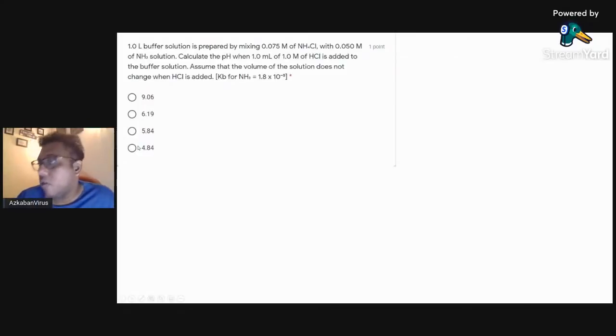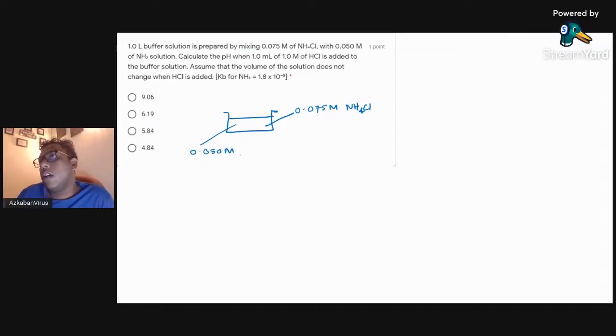First thing first, kita kira dulu. Kita ada 1 liter buffer solution, dalam tu consist of 2 benda: 0.075 molar ammonium chloride dan juga 0.050 molar ammonia.